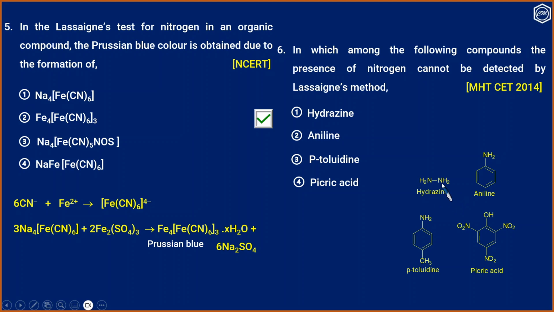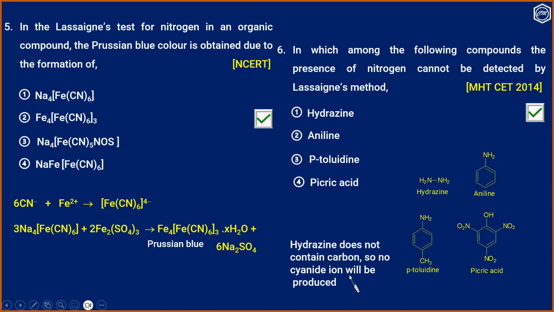So when we fuse hydrazine with sodium, sodium cyanide will not be formed, and so it will not answer Lassaigne's test. So the option must be hydrazine. That is the correct answer. Hydrazine does not contain carbon, so no cyanide ion will be produced.